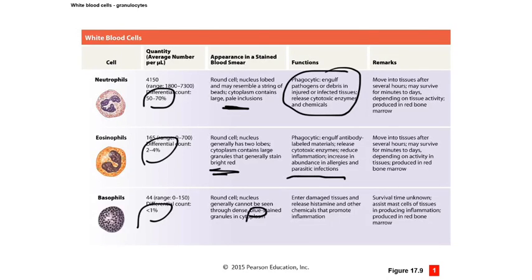And finally, the basophils are entering damaged tissue, and one of their jobs is to release histamine, and histamine is going to promote inflammation. Inflammation means the tissue is going to get warmer, with more blood flow, it's going to get swollen, and it's going to allow more of these cells to come to the site of the infection.